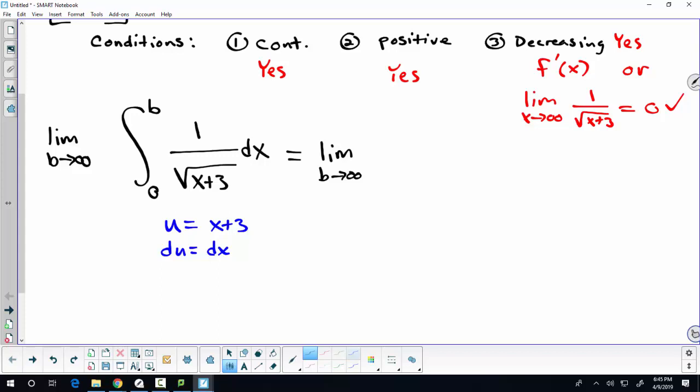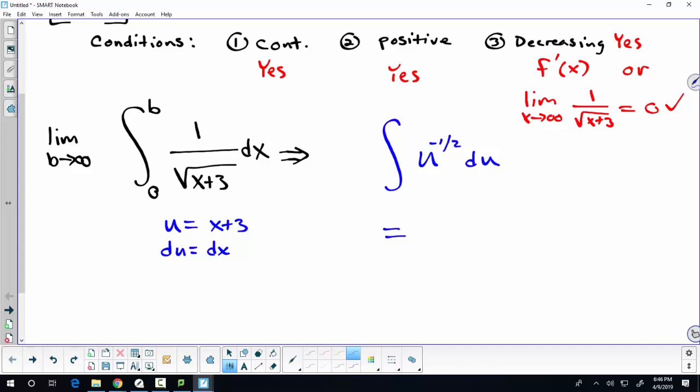So really we're just going to look at the integral without any bounds right now, and not even worry about this limit right now. So that's u to the negative 1/2 du. The antiderivative of that gives us what?